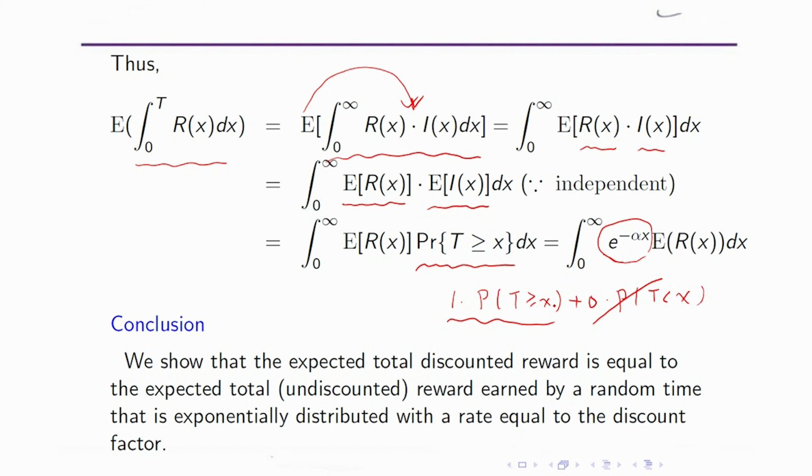In summary, we get the following conclusion. We show that the expected total discounted reward, which is the right-hand side, is equal to the expected total undiscounted reward earned by a random time that is exponentially distributed with a rate equal to the discount factor alpha.